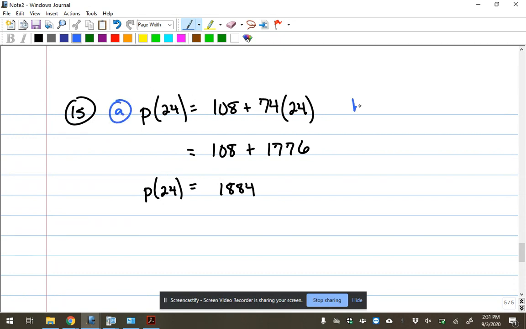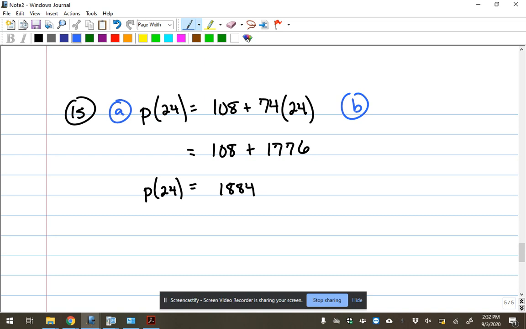B part of that same problem asks us to then do a little bit of different work, maybe. It says, how long has Owen been receiving lawn service if he's paid a total of $2,994 to date?